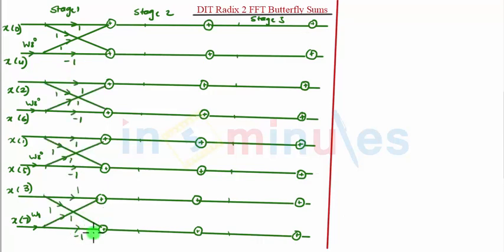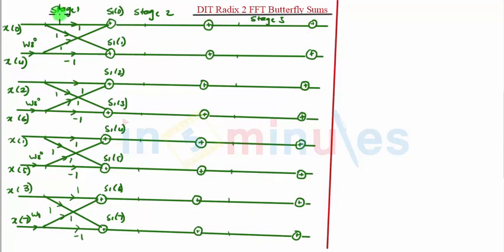Let us write the output of the first stage as S1 of 0, S1 of 1, S1 of 2, S1 of 3, S1 of 4, S1 of 5, S1 of 6 and S1 of 7. Now corresponding to this butterfly, let us write down the equations and find the answers. At the first stage, S1 of 0 is the output of x of 0, that is of the first line. So let us see the flow.